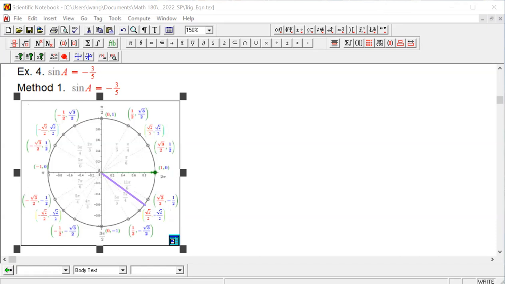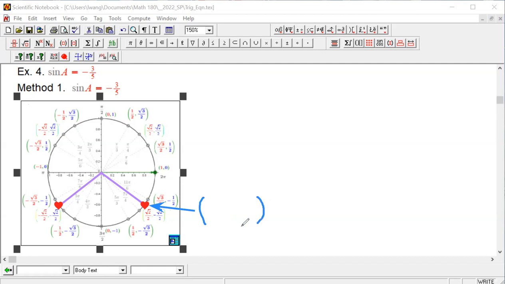For these two terminals at the crossing with the unit circle, the blue numbers are -3/5, -0.6.